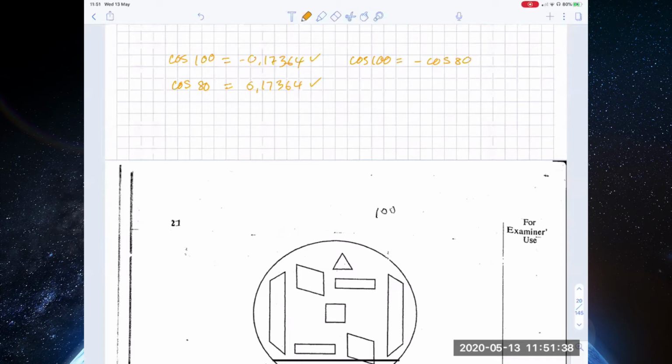Because when these two angles add up to 180, you could also say cos 120 is equal to minus cos 60. Let's try that just to be sure. So do cos 120, then we'll do cos 60.